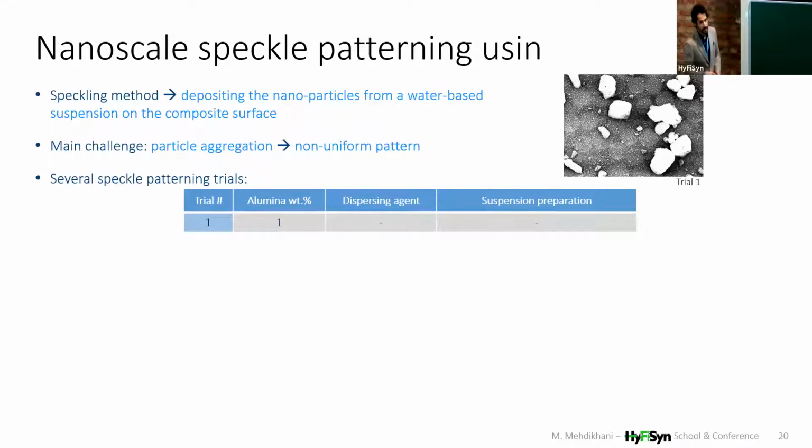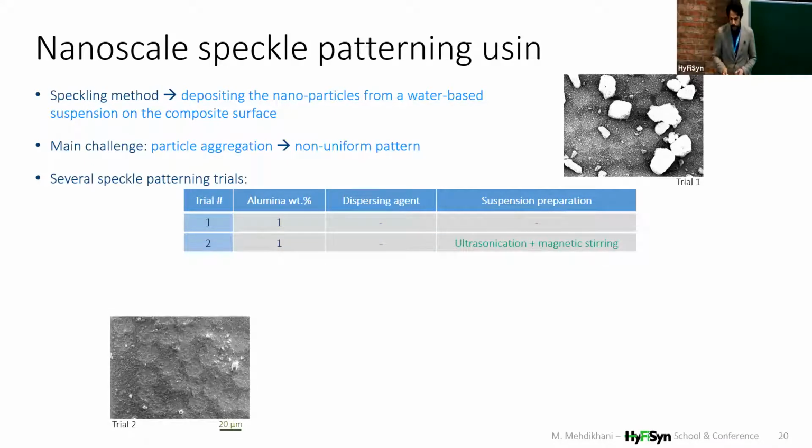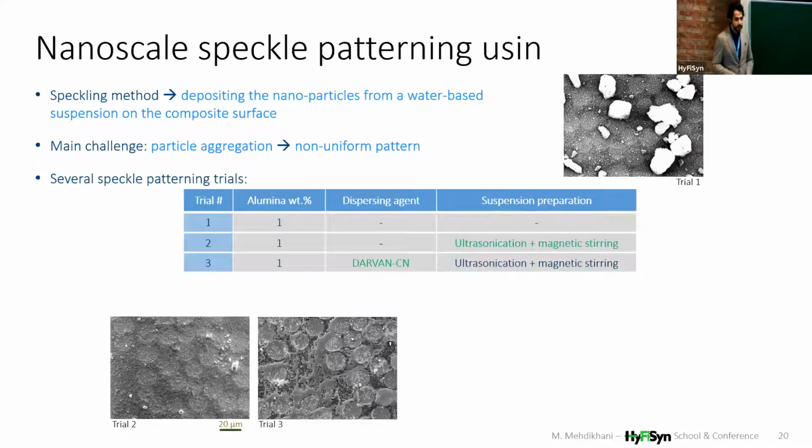We started with such a deposition, and as we can see, there are very large agglomerations in the speckle pattern, which is not good. It basically covers all the region of interest. So we had to use ultrasonication and stirring, and later on a dispersing agent, in order to be able to disperse the particle agglomerations and distribute them somewhat uniformly on the surface.